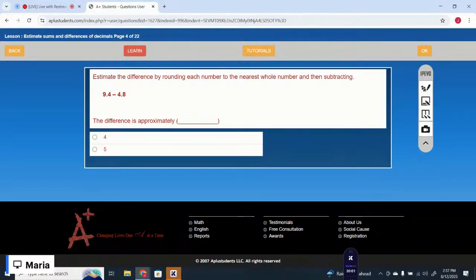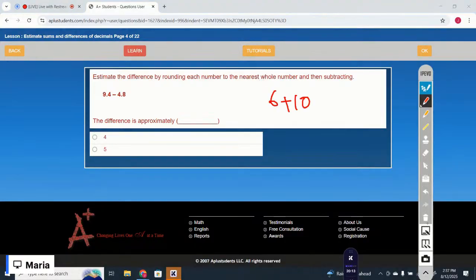Estimate the difference by rounding each number to the nearest whole number and then subtract. 9.4 take away 4.8. So 9.4 is rounded to 9 and 4.8 is rounded to 5.